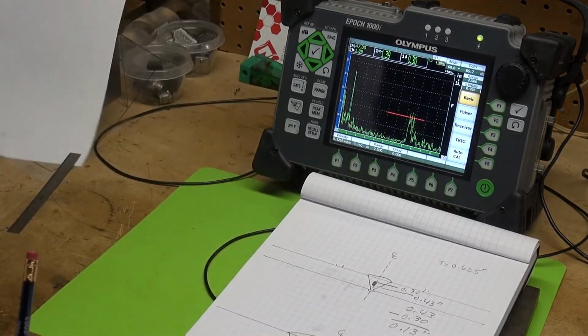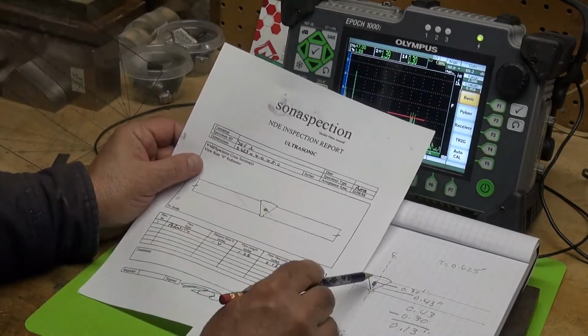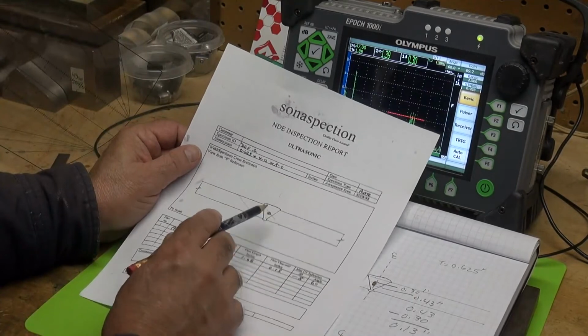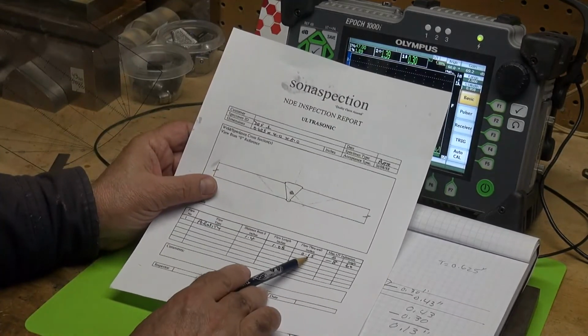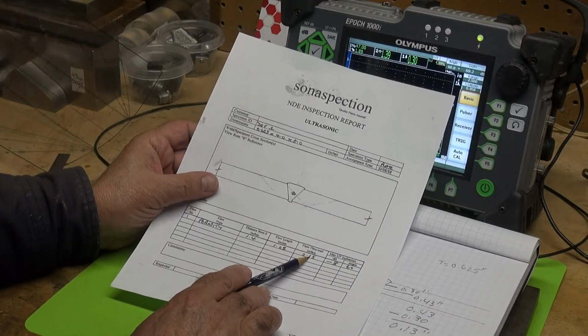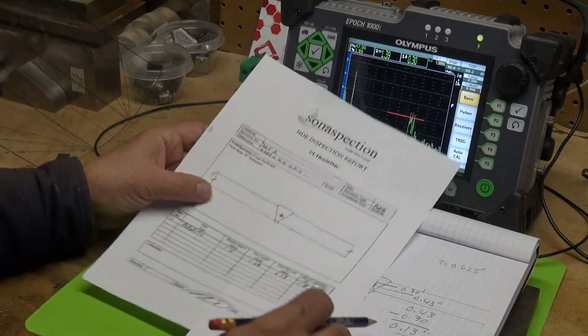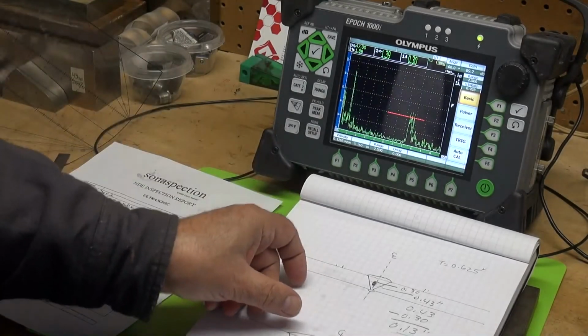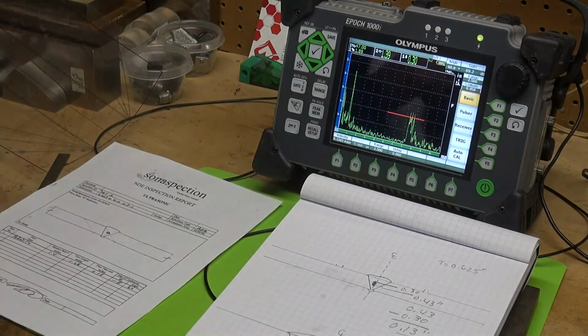Let's look at the key. You can see it's pretty close, and we're on the center line. And the technician that inspected this plate said it was 0.15 inches. So we're real close. But as you can see, to orbit around and see those signals, that tells you it's porosity.